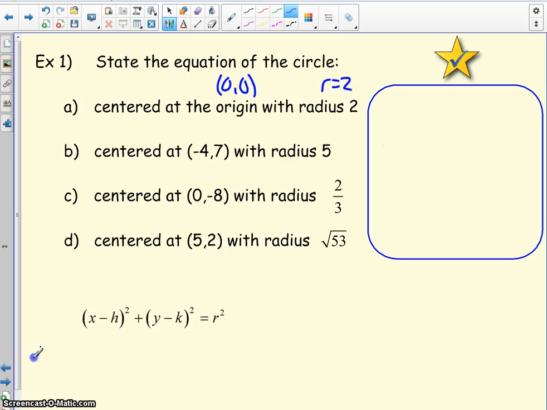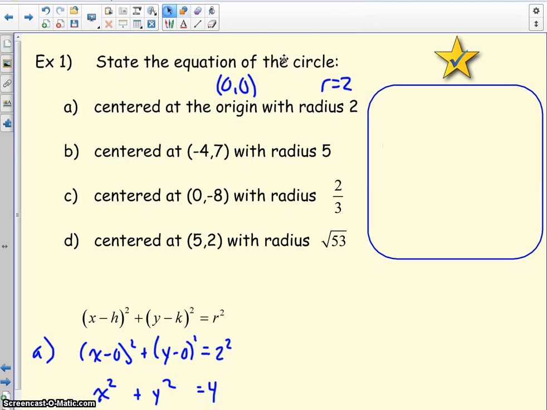So putting that into this equation, we have x minus 0 squared plus y minus 0 squared equals 2 squared. Simplifying inside the brackets, x minus 0 is just x, y minus 0 is just y, so you get x squared plus y squared equals 4. That should be the equation of our first one.